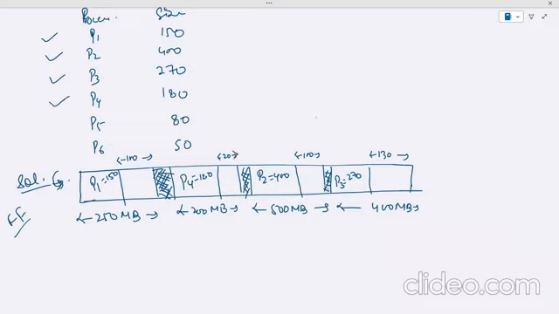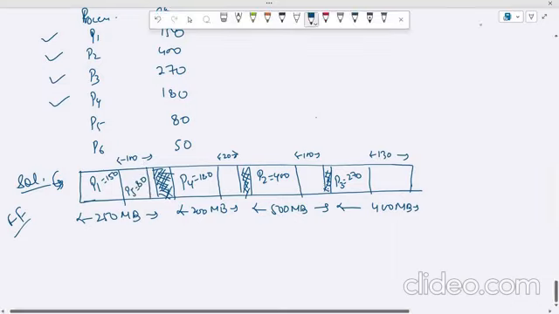P5. Start from the beginning. We have 100 MB of space. P5 needs 80, so definitely P5 gets this, and 80 of space is occupied. The space left is 20 MB. Now P5 is also completed.